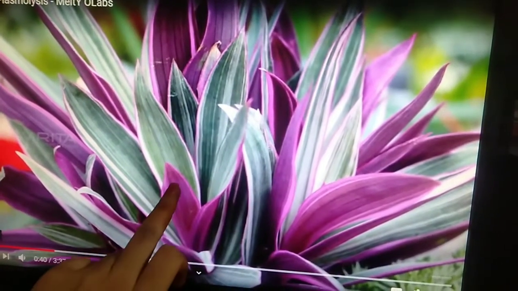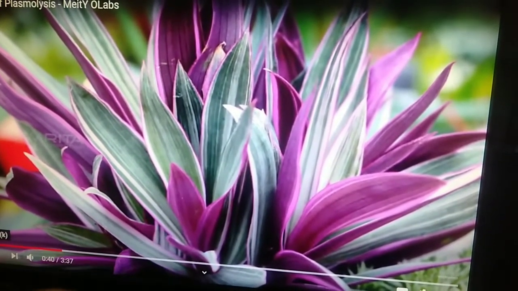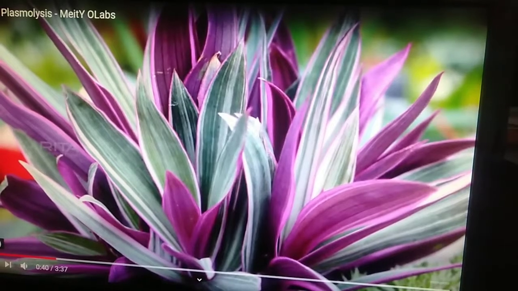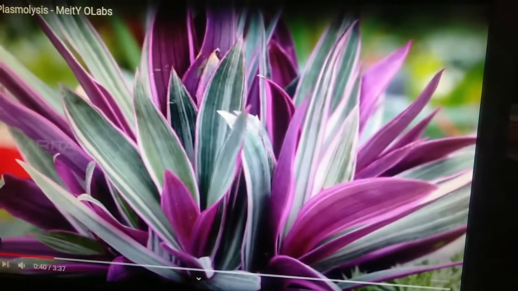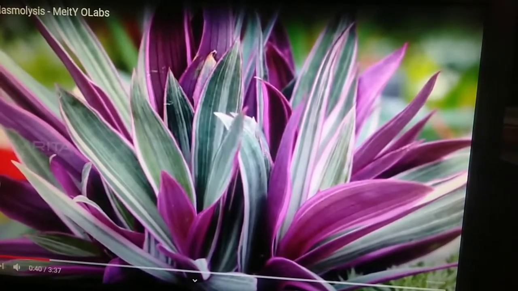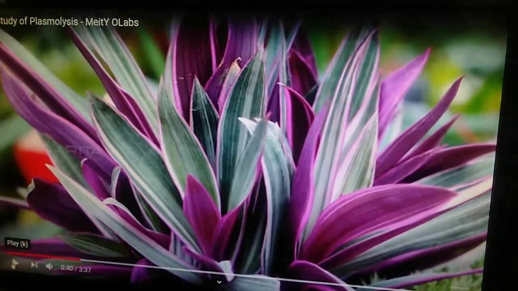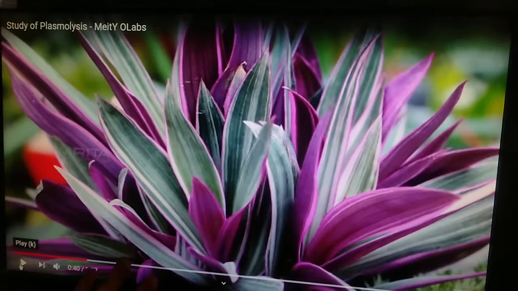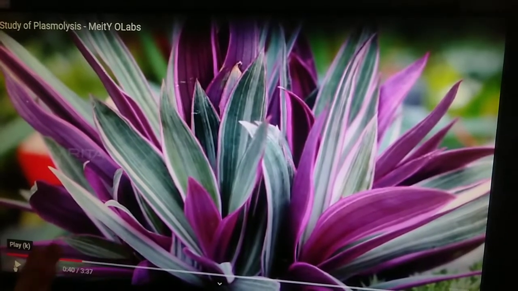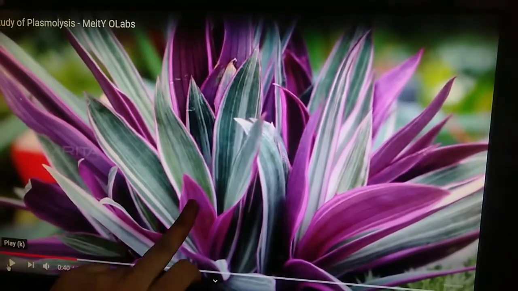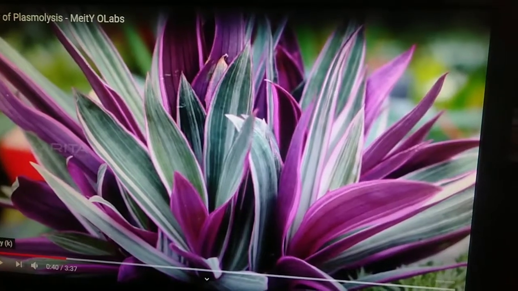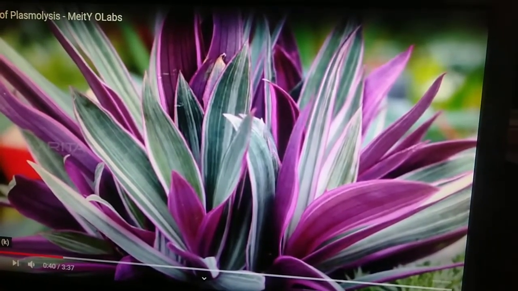We have to collect the Rhoeo leaf, and we also need a salt solution. That means water with salt mixed in it is called a salt solution. So we need the salt solution, the Rhoeo leaf and the microscope to observe the plasma membrane.